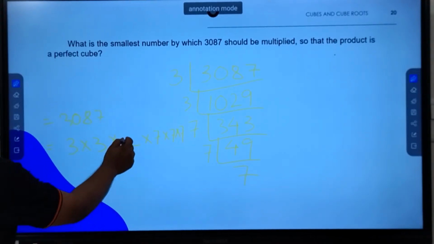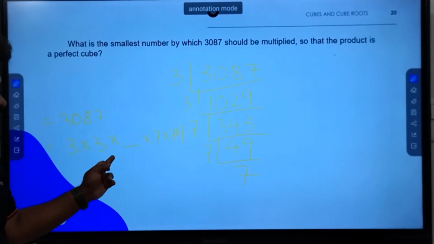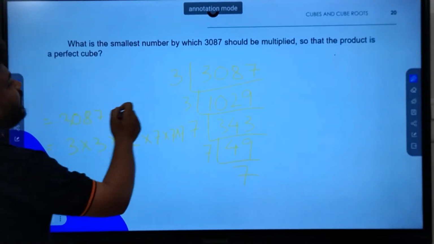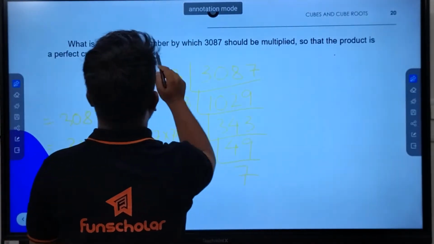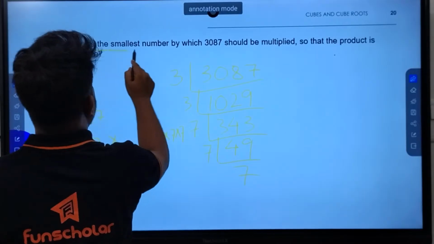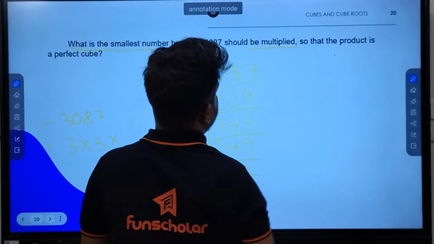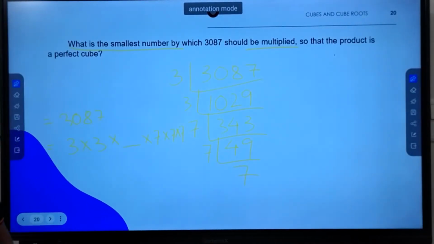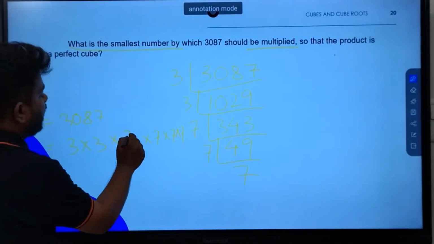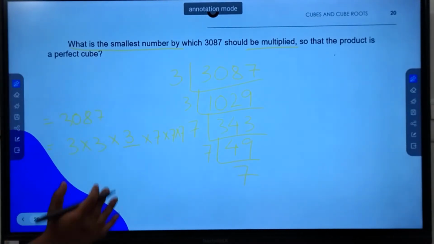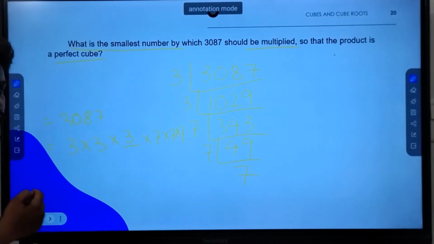And talking about why I have made a blank space, here they have asked what is the smallest number by which this one should be multiplied. Okay, so talking about this one, we will multiply by 3 to make it a perfect cube. Why?